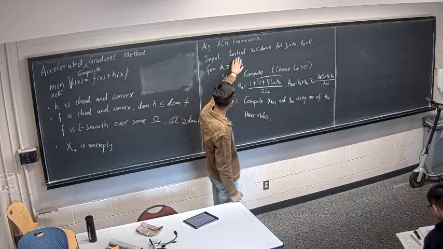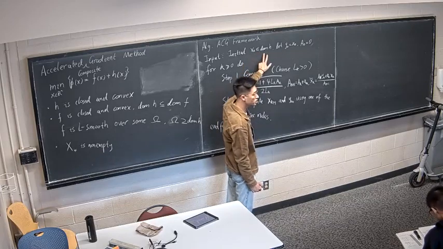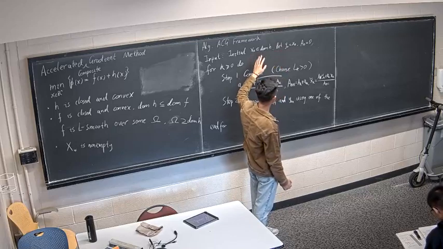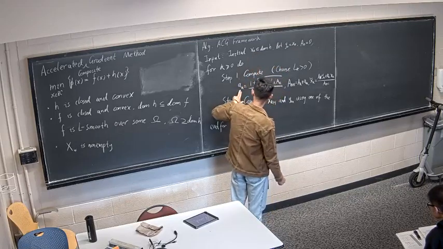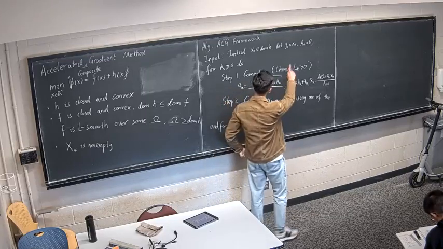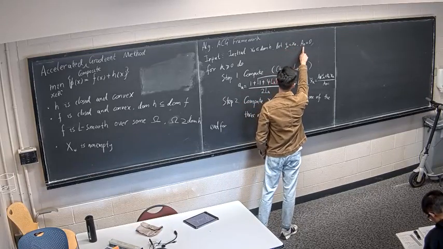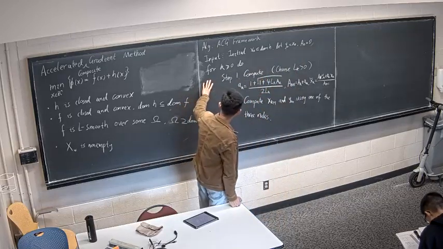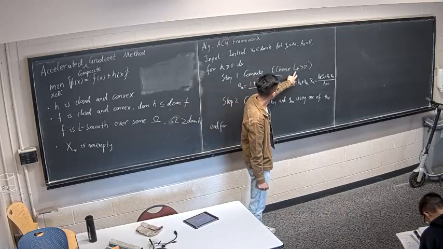So we begin with an initial point x_0, a point in the domain of h. y_k and x_k are sequences of points, they are vectors, but the little a_k, capital A_k, and L_k are scalars. We also like y_0 to be the same starting point, x_0, and we set A_0 to be 0. Then in the for loop, in every step, we need to choose an L_k.